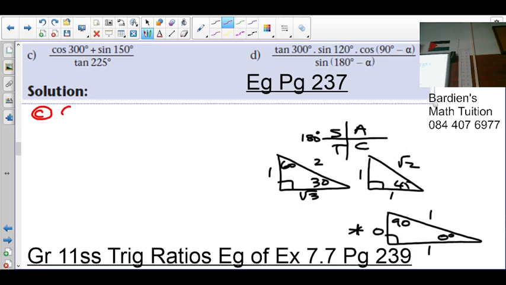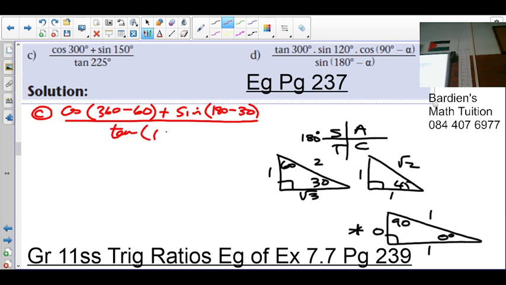So what do I write? Cos 360 minus. 150 is in which quadrant? Second. What do I write? Sine 180 minus. Over 225 is in which quadrant? Third quadrant. How do we get in the third quadrant? 180 plus 45 degrees. How can it be 360? Not over 270.